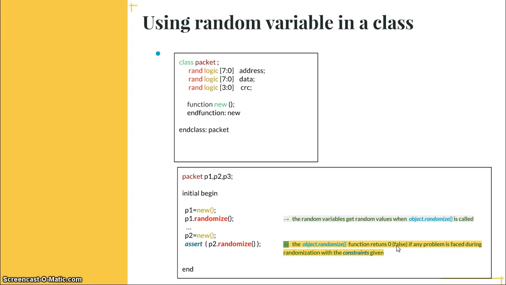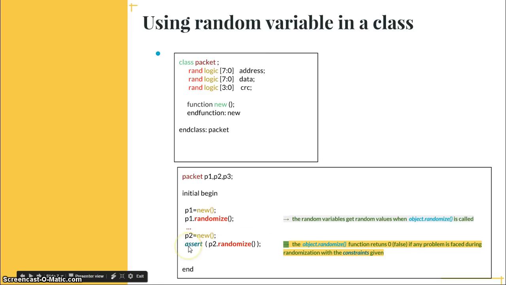It can be an issue with the constraints that you have specified within the class, which you will see in the next slides, or it can be any other issue. So if there is an error with the randomization, object.randomize will return a value 0. So my recommendation is you should always call object.randomize within an assert statement.